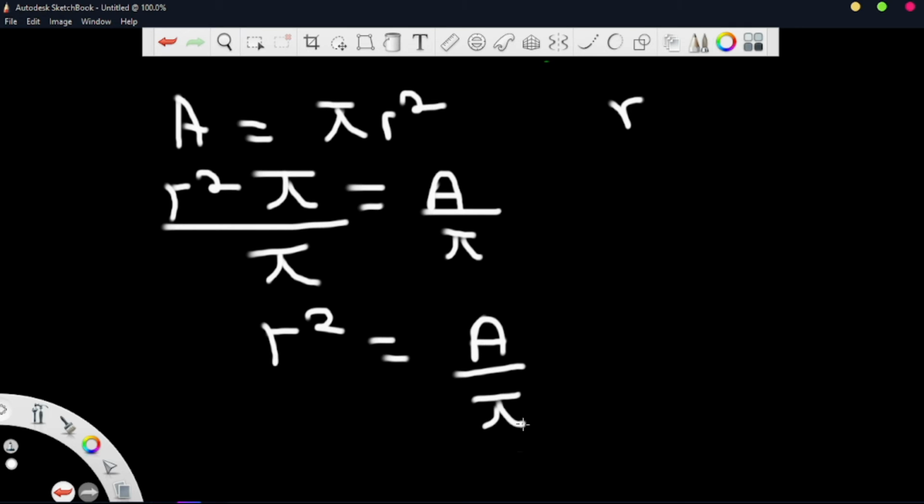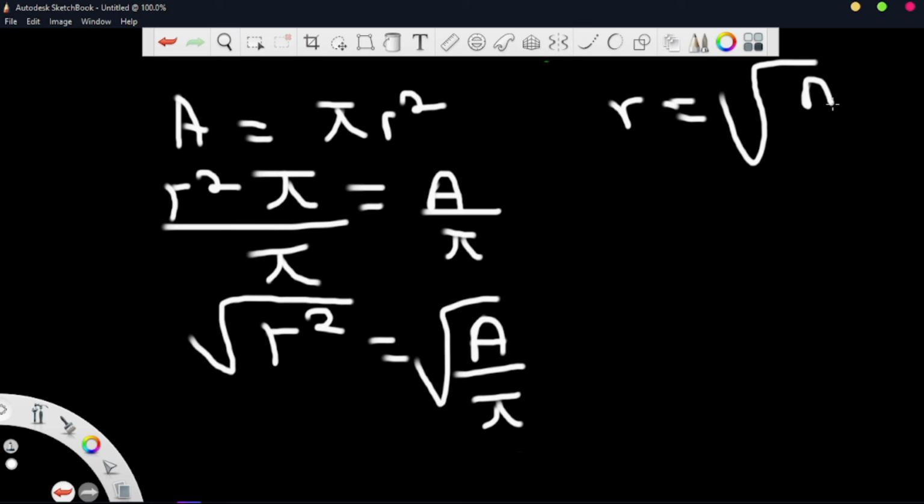But notice that they want r to be the subject of the formula, they do not want r squared. So to get rid of the square, I can introduce a square root both sides. What you do on the left, you also do on the right. So then I can have my final r being equal to the root of A over pi.